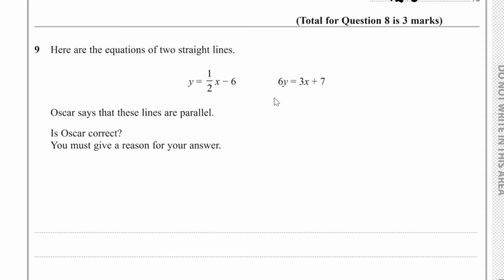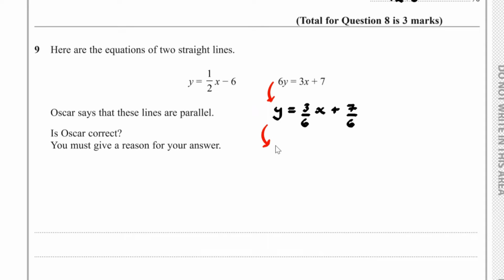Well, if we have 6y equals 3x plus 7, then what we can do is rearrange so we have y equals. And we can do that by dividing through by 6. Dividing through by 6, we have y equals 3 over 6 x plus 7 over 6. 3 over 6 we can simplify even further.